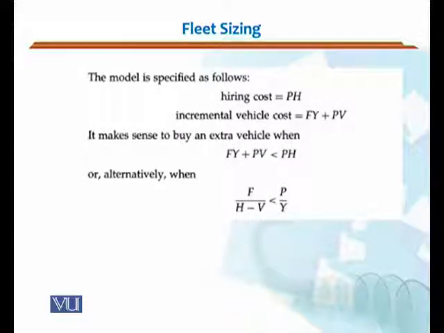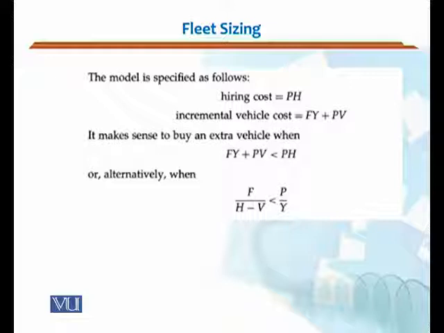So it makes sense to buy an extra vehicle if the following inequality is satisfied. That is, Fy plus PV should be less than PH, your total hiring cost. If it is less, it would make sense to hire an extra vehicle or buy an extra vehicle.